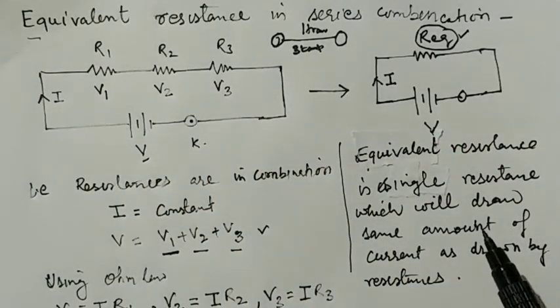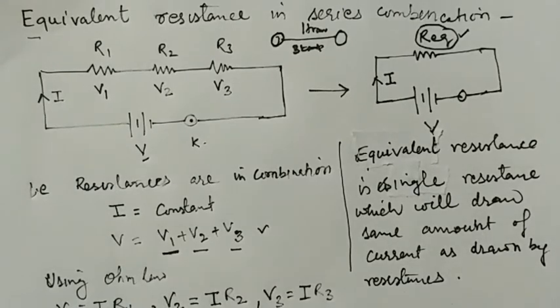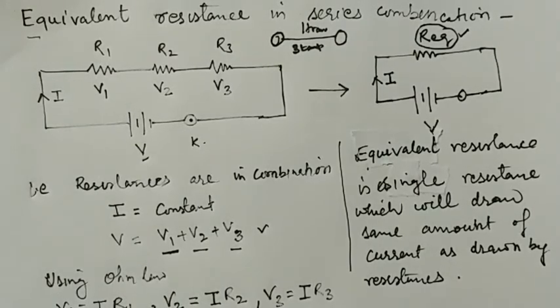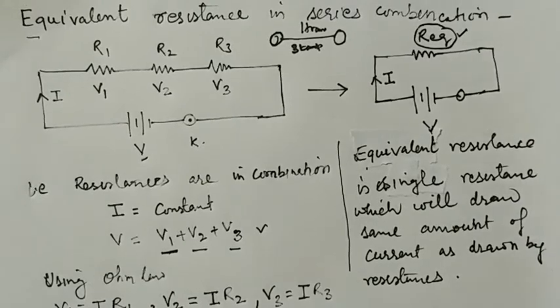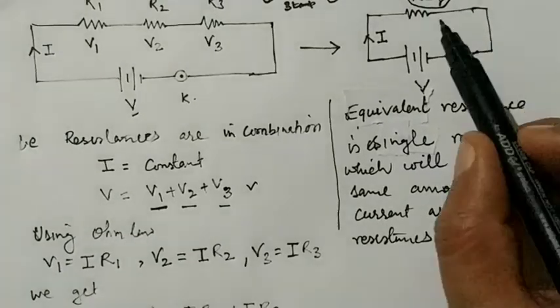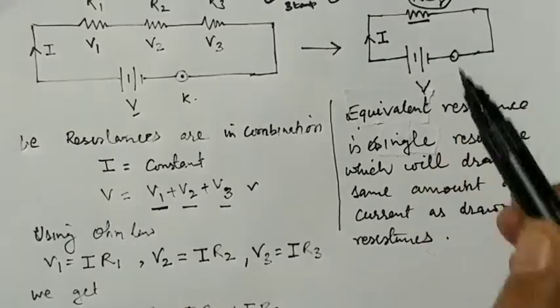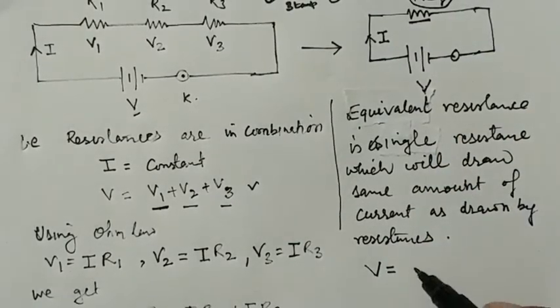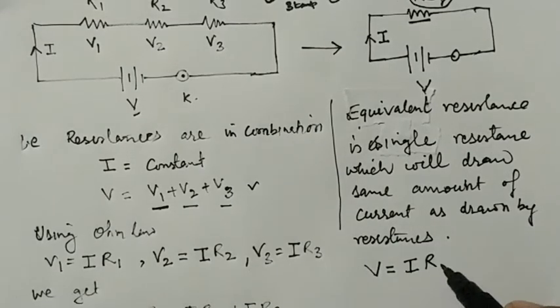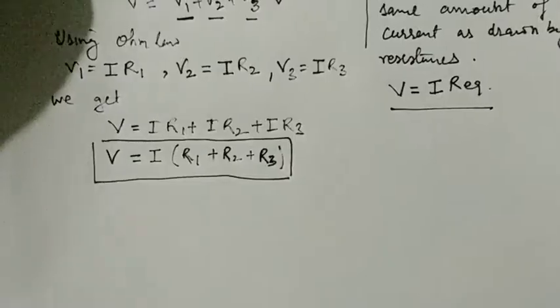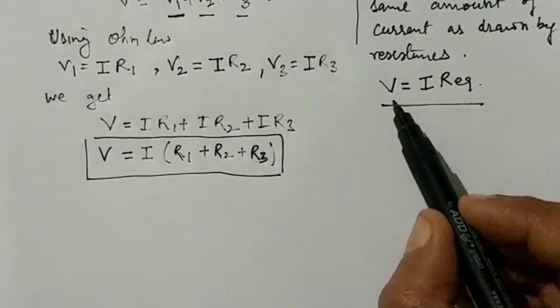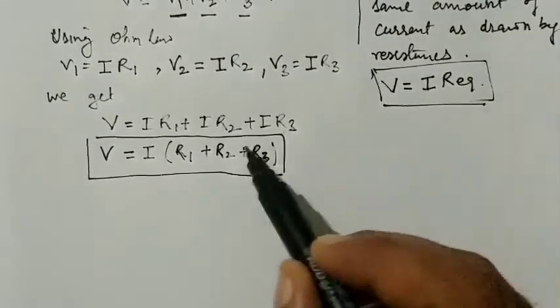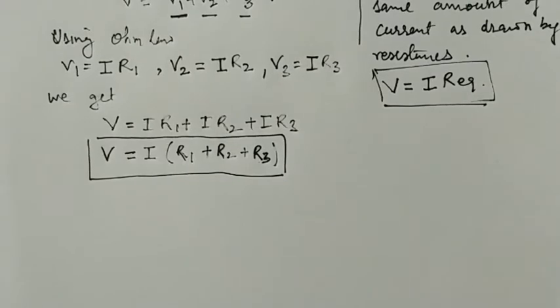Equivalent resistance is a single resistance which will draw the same amount of current as drawn by the resistances in combination. So here also I want to know the potential drop across this resistor. Here V will be equal to IR. The current here is I, and the resistance is R equivalent. So this is the potential we have calculated for the equivalent resistance, and the earlier one is for the three resistances.